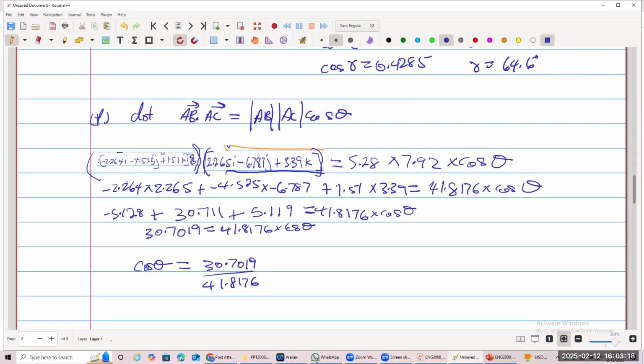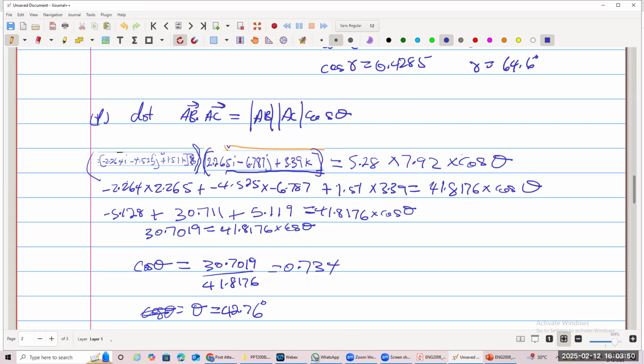So you get 0.734, and the cos inverse of this, what is the angle you get there? 42.76. Beautiful. So that's what you get for the angle, right?